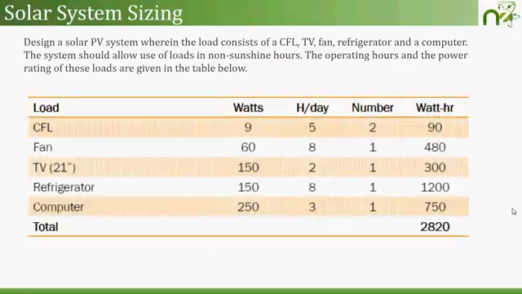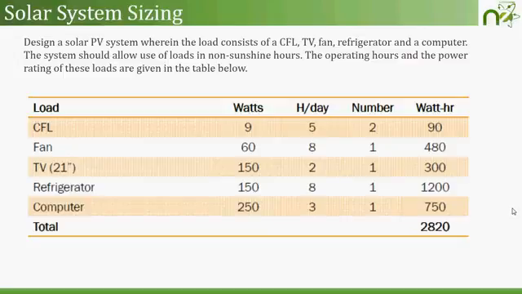Talking about solar power sizing, I'll take the example of your home. Let's imagine that you have two CFL light bulbs of 9 watts, which run around 5 hours a day. You have one fan of 60 watts which runs around 8 hours per day.